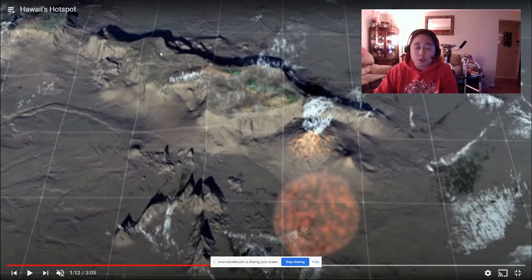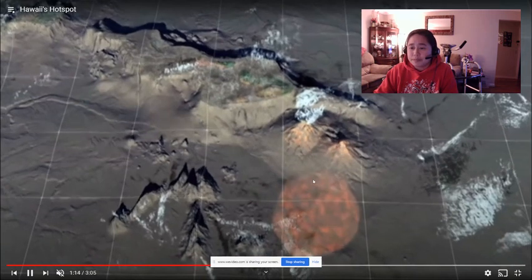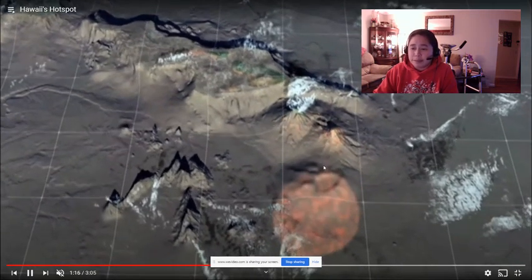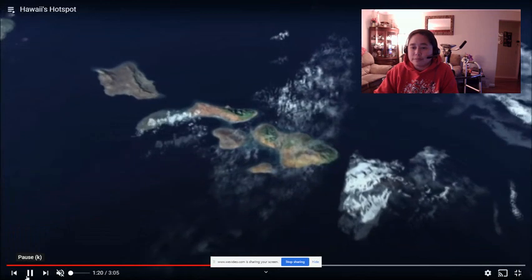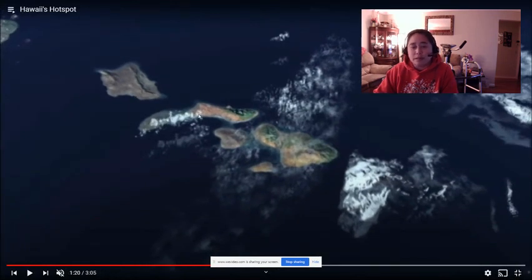It should be this first one over here, because it's the furthest away from the hot spot. The volcano over here that's closest to the hot spot is going to be the newest because it's nearest to the hot spot. So again, this plate keeps moving over the hot spot, making more of these volcanic islands. Hence you get the volcanic islands of Hawaii.